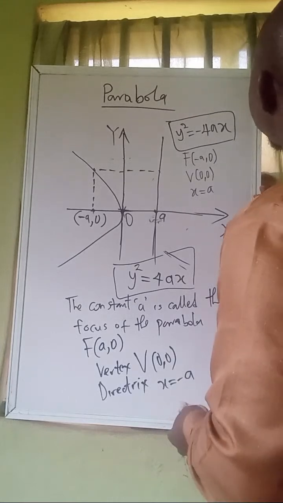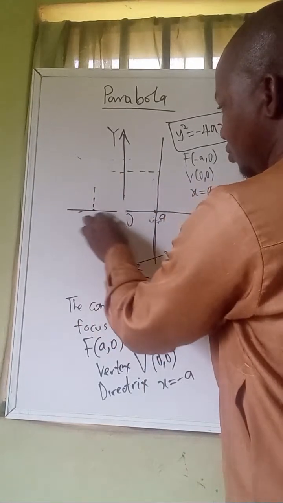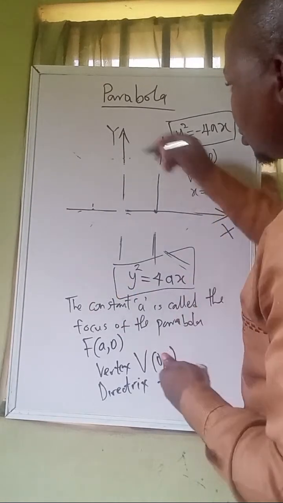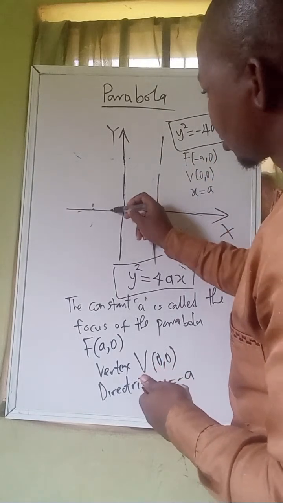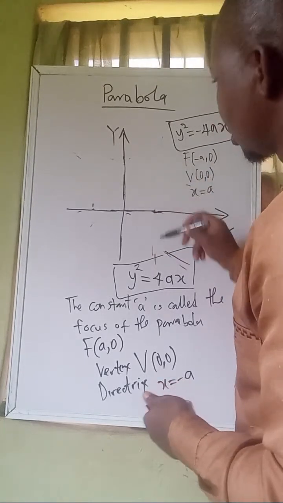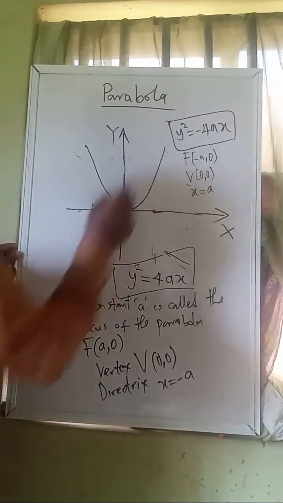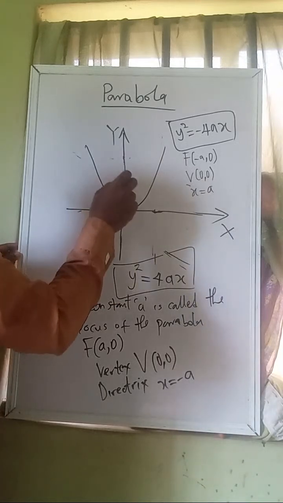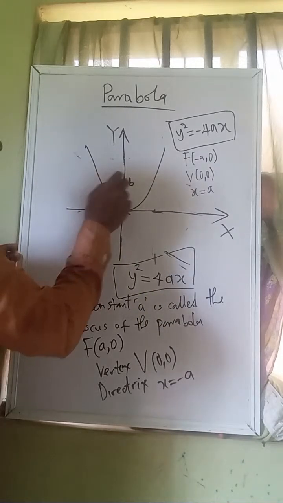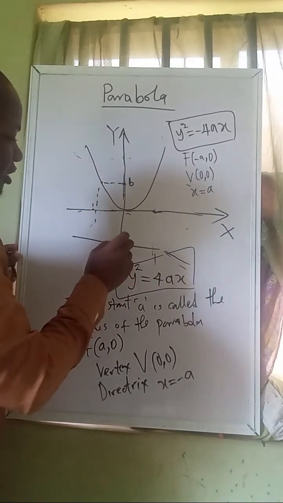So again, suppose we have a parabola of this form, and let a point here, call it point B, be the focus, and then negative b.